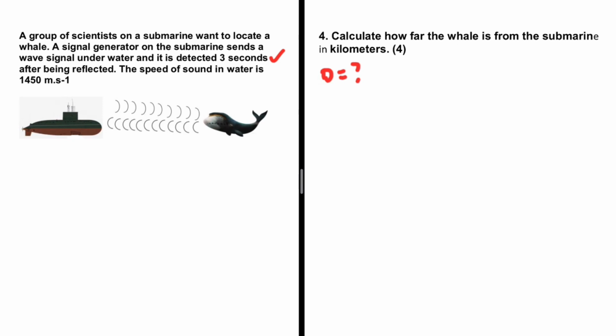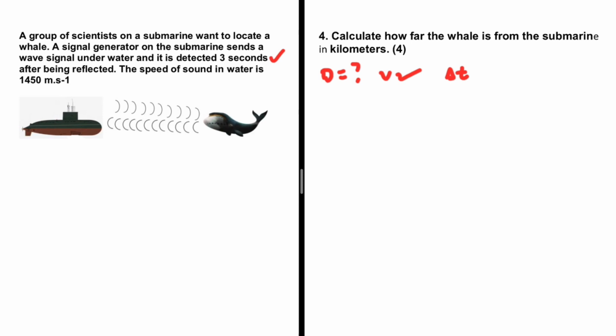What information do we have? We have the speed of sound in water, V, which is equal to 1,450 meters per second. Obviously, we need the time to say that the distance is equal to speed multiplied by time and calculate how far the whale is from the submarine.